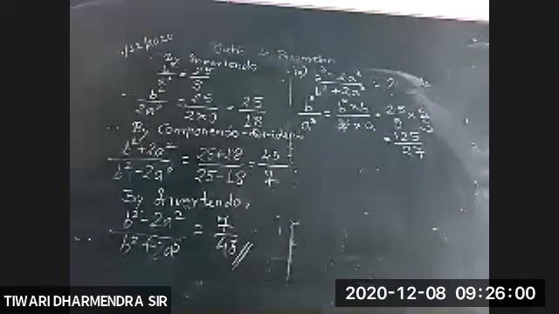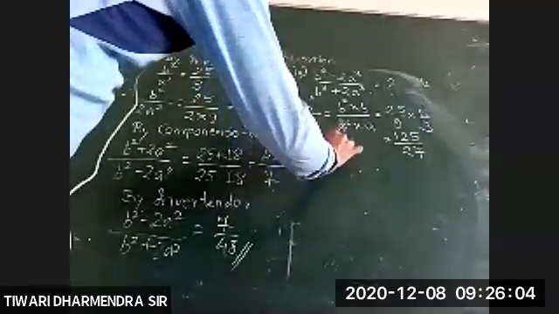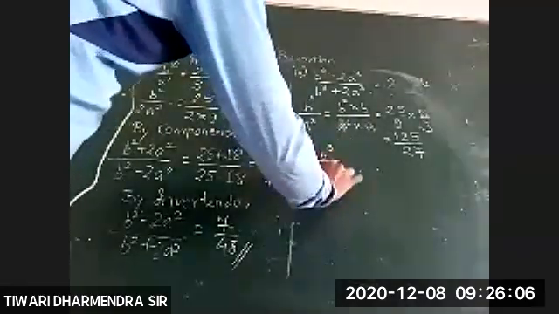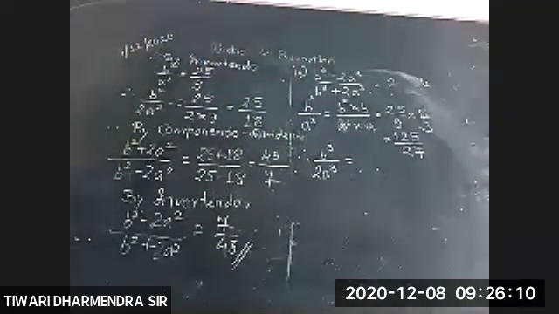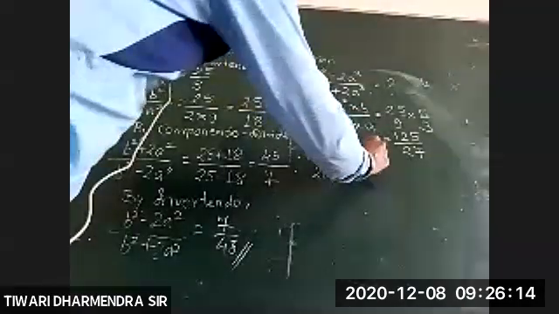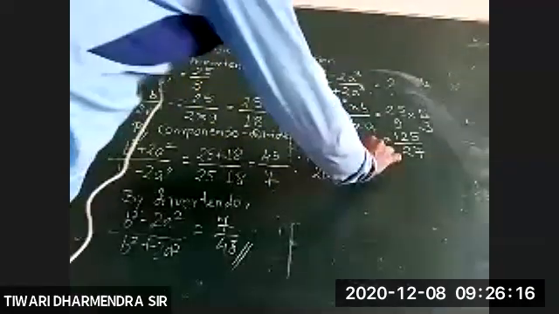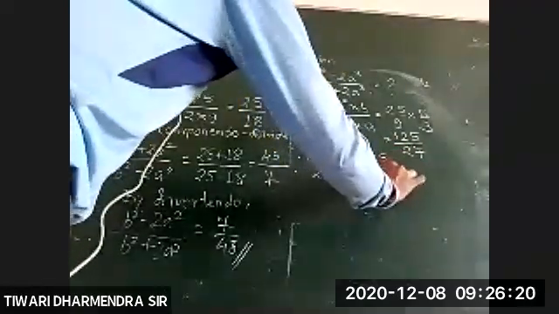So let's do this. Therefore, b cube upon 2a cube is equal to, the value of b cube, 125 upon 2 into 27.